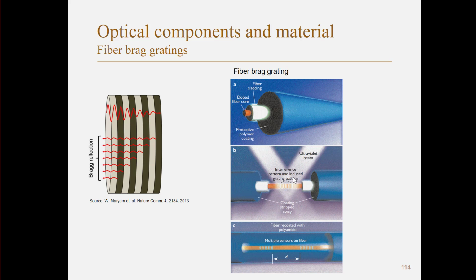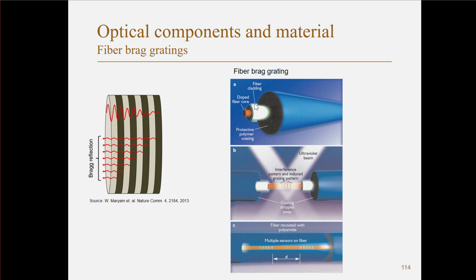Since you have two beams which are phase locked to each other, you get a standing pattern inside here, with high intensity, low intensity, high intensity, low intensity, and so on. These UV beams permanently change the index of refraction of the glass, very slightly, but enough that you have created a structure similar to the structure which we saw over here.